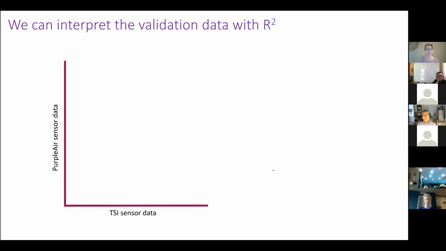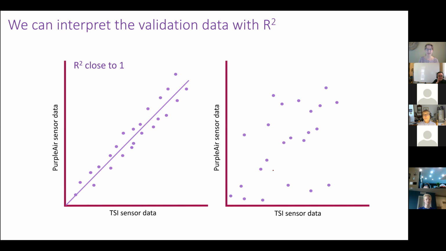So if we're plotting our TSI data against our PurpleAir data, if our data has a really close fit when we do a linear fit, we're going to have an R-squared value close to 1. Alternatively, if our data points are more scattered when we plot the 2 data points against each other, we will see that we have an R-squared value further from 1. So we're going to be looking for an R-squared value close to 1.